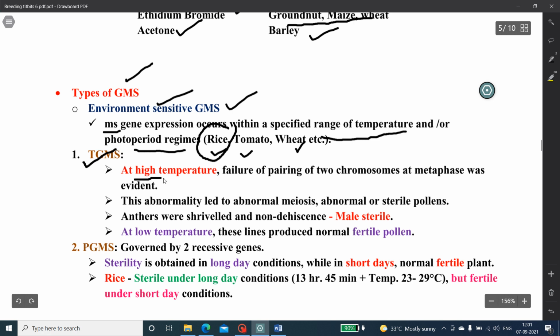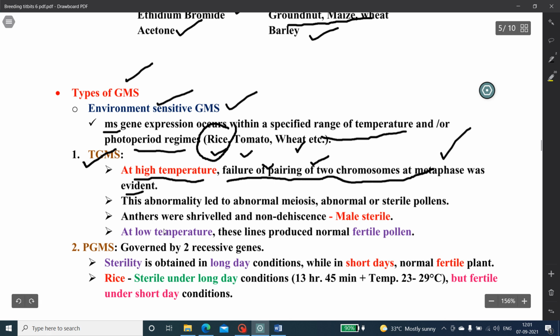Here at high temperature, the same plant fails to produce pollen by way of failure of pairing of two chromosomes at metaphase.